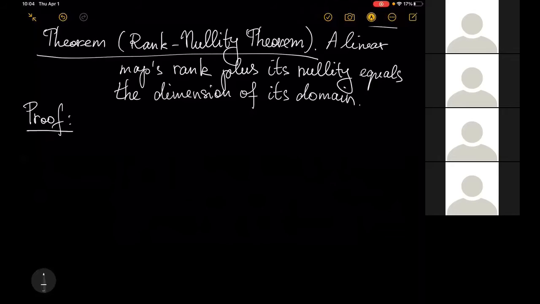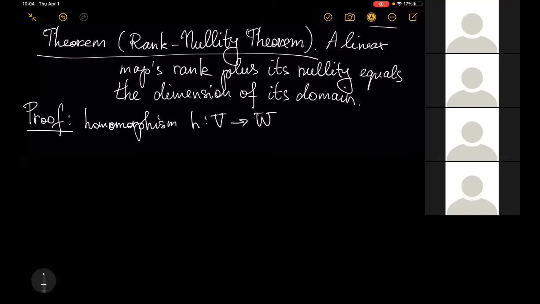Once again, we consider a homomorphism, or linear map, from vector space V to vector space W. And let B_N, which is beta 1, ..., beta k, be a basis for the null space.